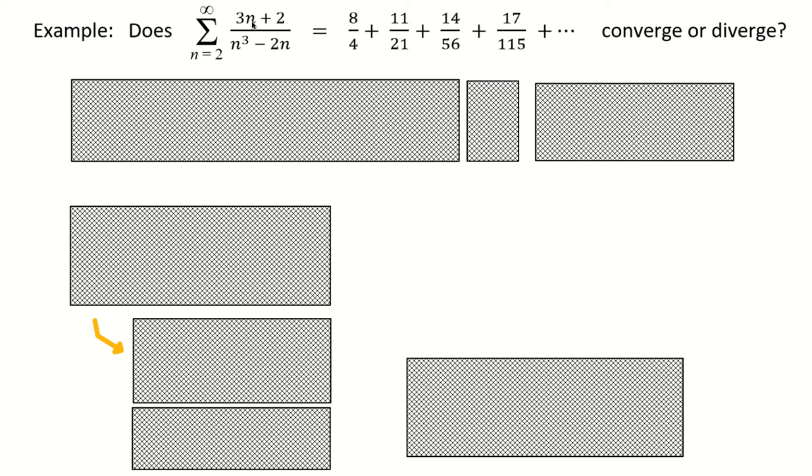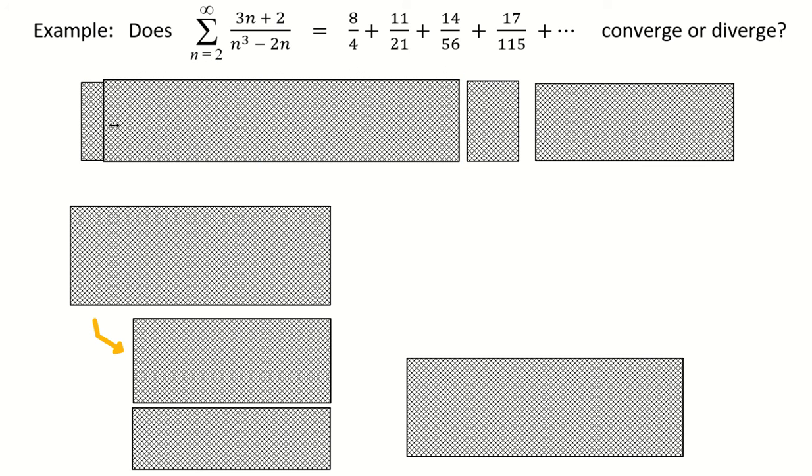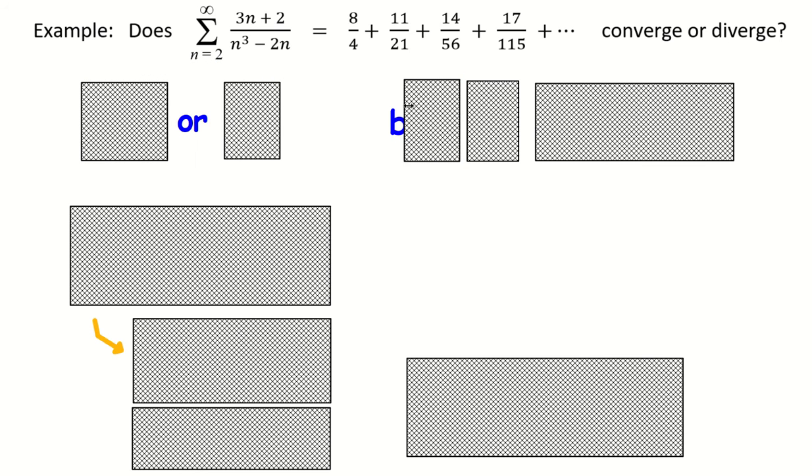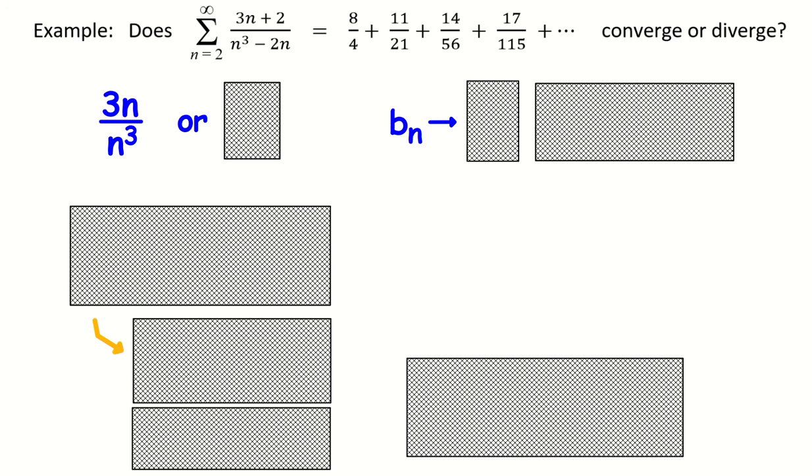So looking at this, what do you think we're going to compare it to for our limit comparison test? If this is the series, what do you think? Maybe once again, chop away the plus 2 and the minus 2n, and you're left with that.